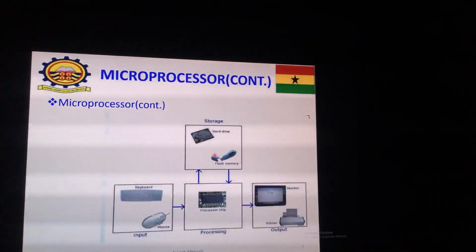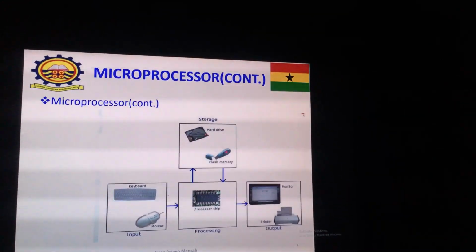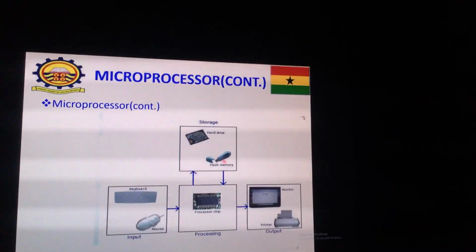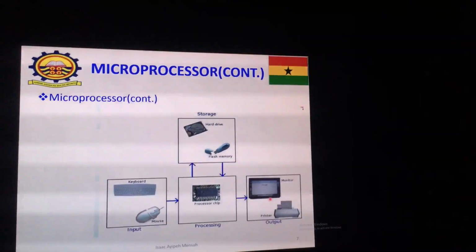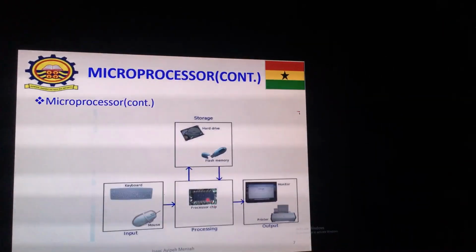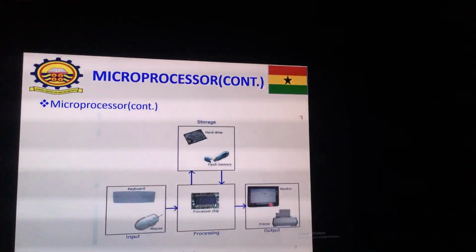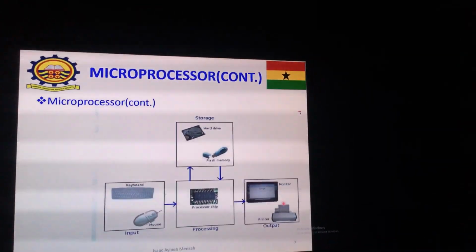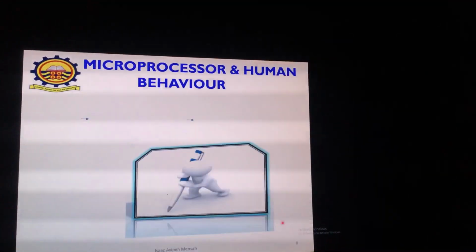Then it can be stored either on a hard drive or a flash memory or a pen drive or whatever you want to save on. Then the output, after it has been processed, will come to the output module, whereby we are going to see it on the monitor, or we can also print it out with the help of a printer.